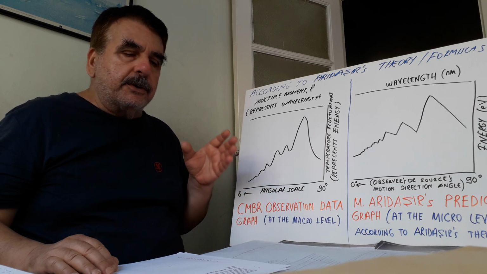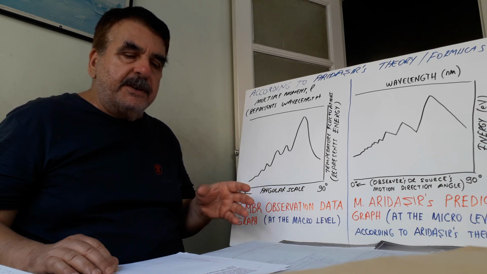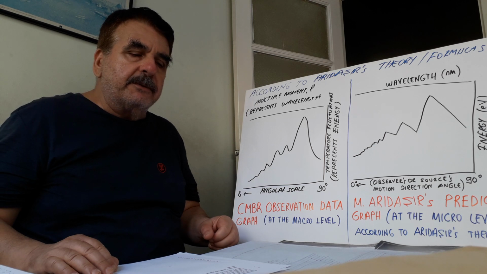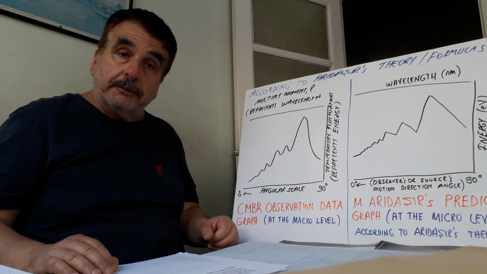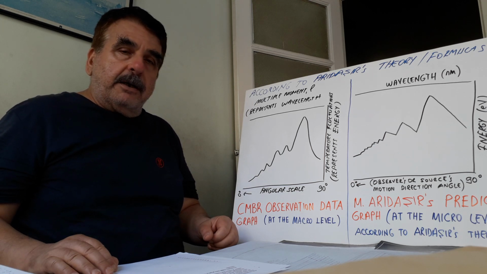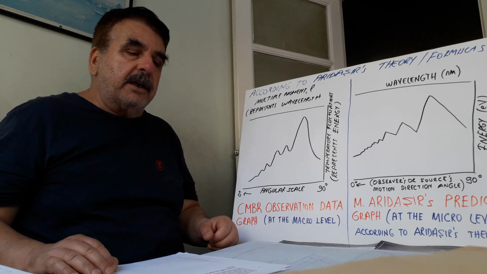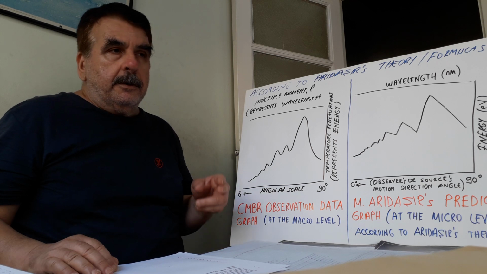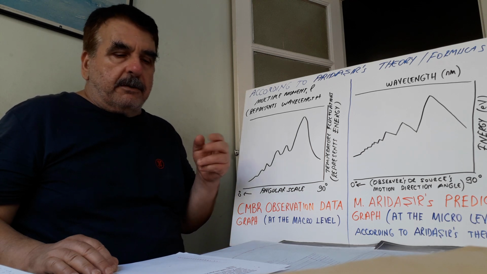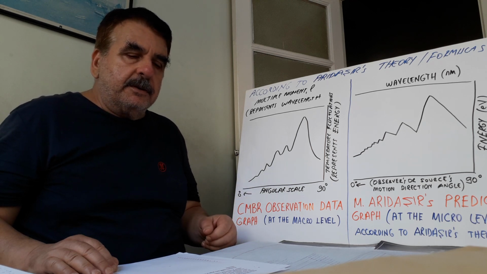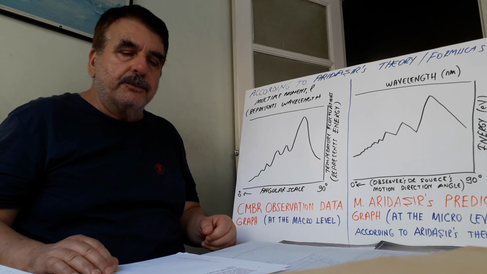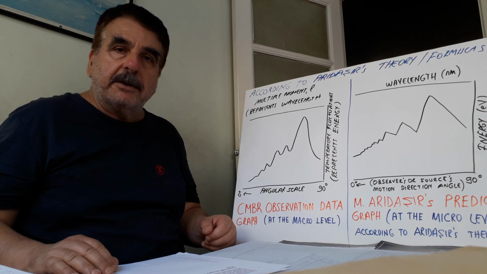And I also calculated all of these according to the number of waves that I formulated. Eventually, the cosmic microwave background radiation power spectrum data graph is one of the main proofs of my theory and my formulas.